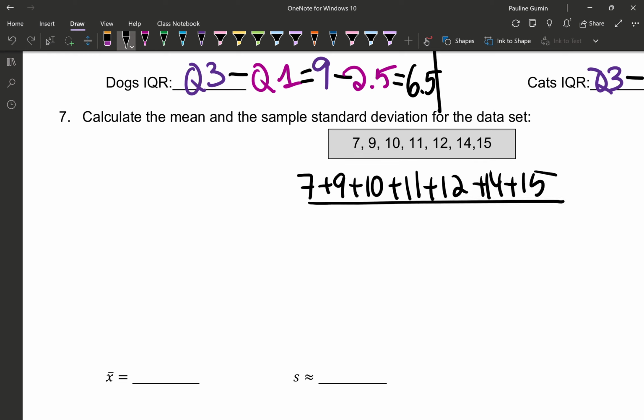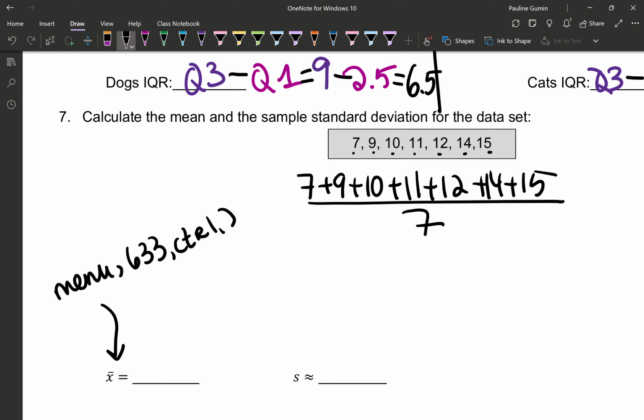And you would divide that answer by 1, 2, 3, 4, 5, 6, 7. Divide that answer by 7. Or you could click Menu, then 633, then your control button, then the backwards parenthesis, and don't forget to use commas. Either way, you would get a mean of 11.14.